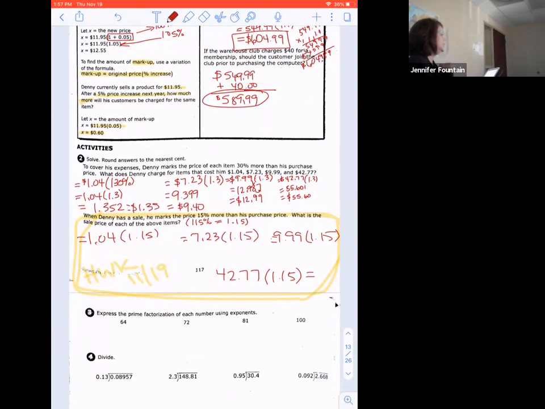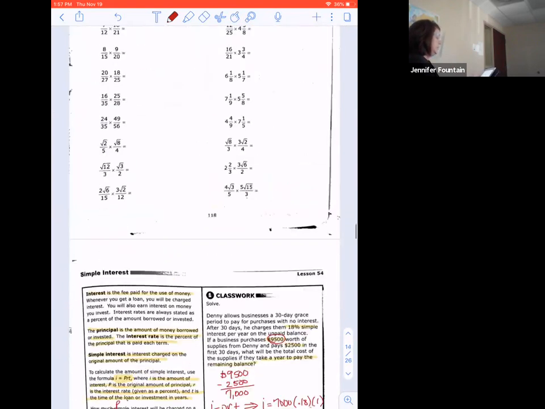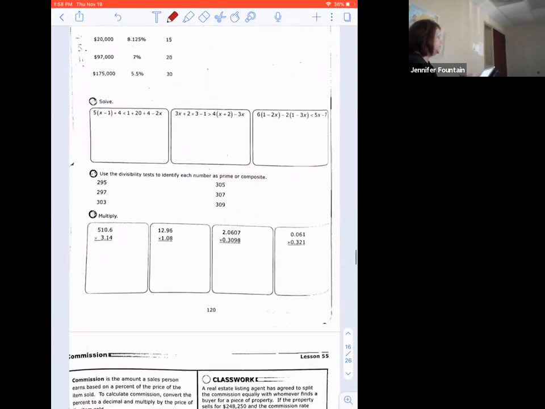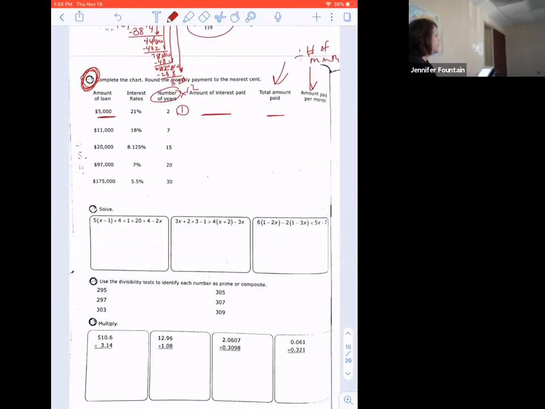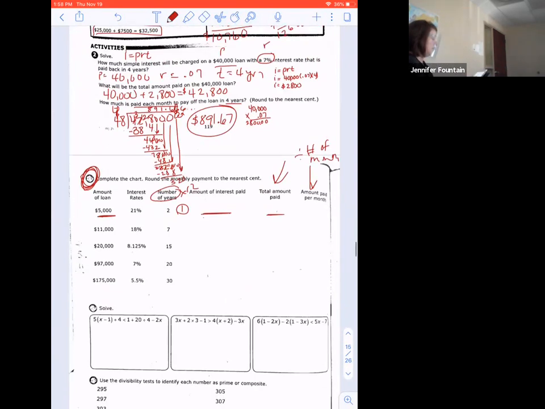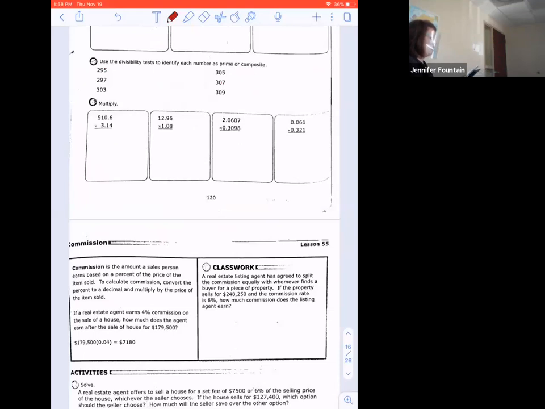So 117, the bottom of activities 2. And then we've got the simple interest on page 120. So all of that we will go over on the Monday that we're virtual. Okay, so we'll keep on moving from there. But as far as your packet goes, it won't be due till the following Monday.